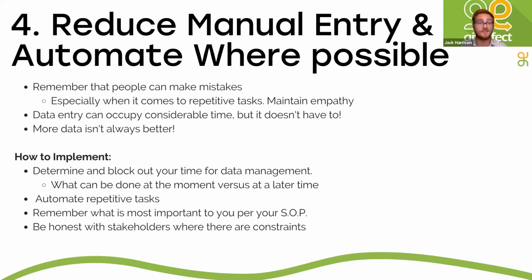Be honest with your stakeholders. I've had teams, again, I have personal experience with this, where directors of departments or board members want to see certain data points. Maybe that's a certain number of donors over a certain giving threshold, or there's many more complex ones than that.